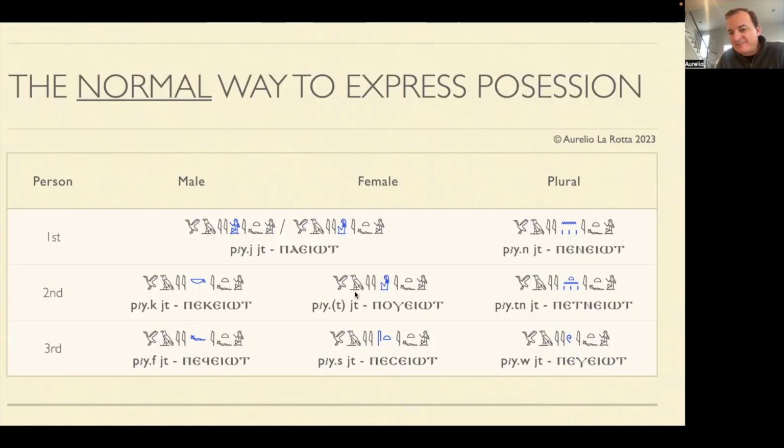This here must be something like pai, originally pait, but the T falls off, pait again. So it's spelled the same way. Pronounced puyot in Coptic, so there must have been a difference phonetically. Otherwise, they would have not ended up on different vowels. And plural, petenyot or paitenyot, and so on.